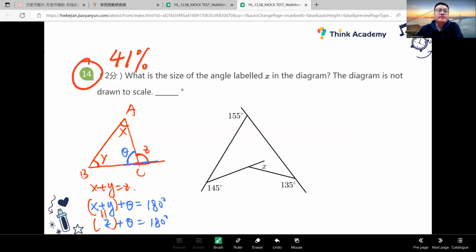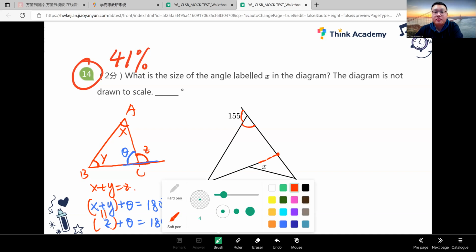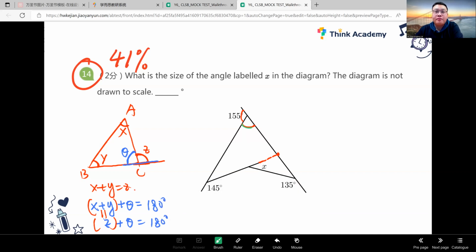And now we're going to use that method to solve the question. Let's say I'm going to extend this line, so I get a point. Because this one is 155, can anyone tell me what is the degree of this green angle? You have to use 180 minus 155, right?